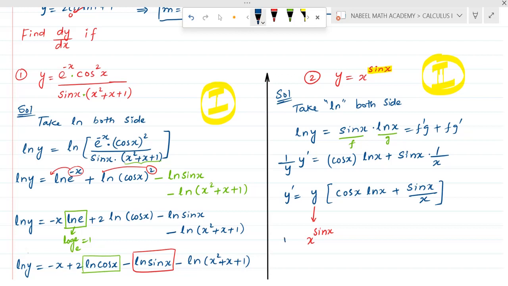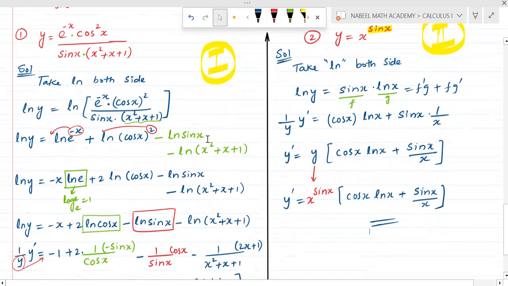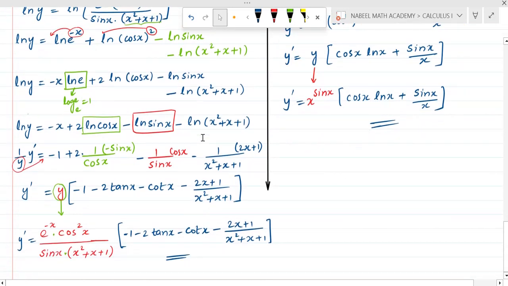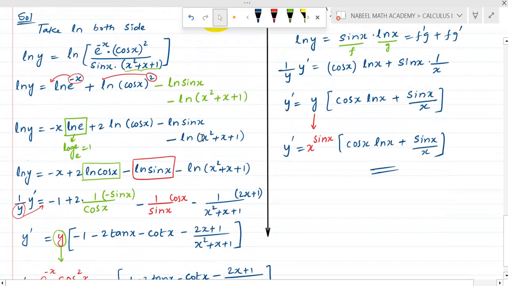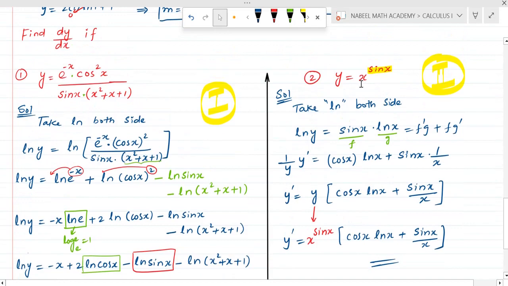And this is the final answer: y prime equals x to the power sine x, times cosine x ln x plus sine x over x. So this is a very important application of ln to solve complicated functions and functions with x in the power. Thank you.